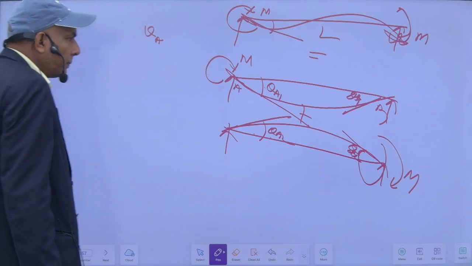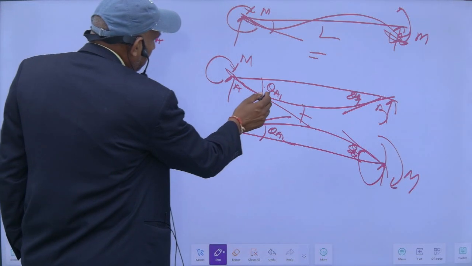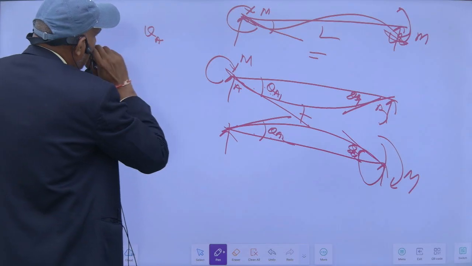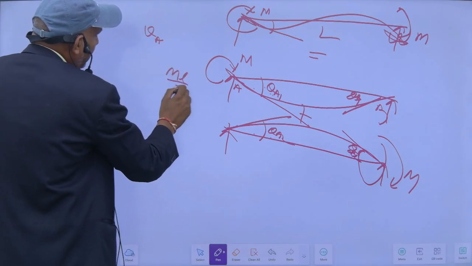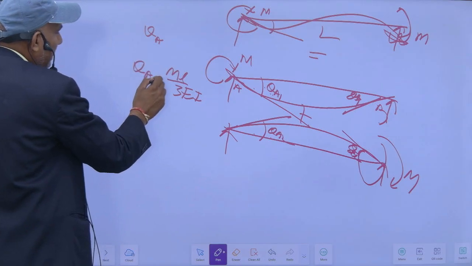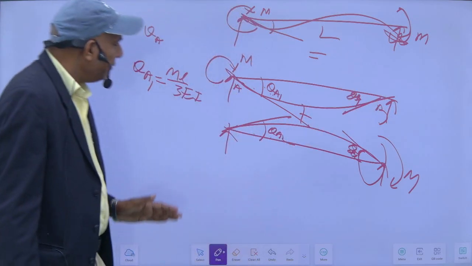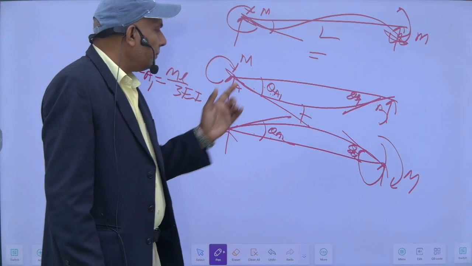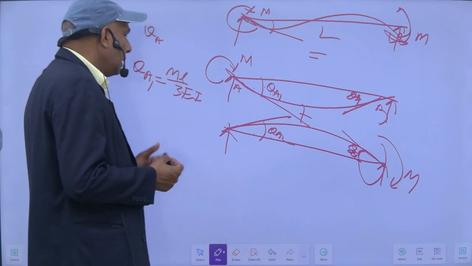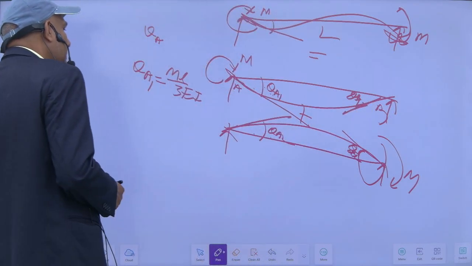Because of this, as we know, theta A1 will be ML upon 3EI. As we know, when the other end is simply supported, if you apply a moment M, then the slope because of this will be ML upon 3EI, and half of this will come at the other end.